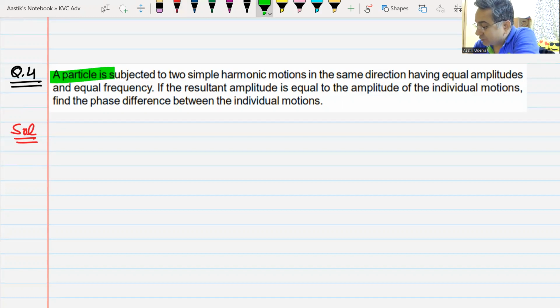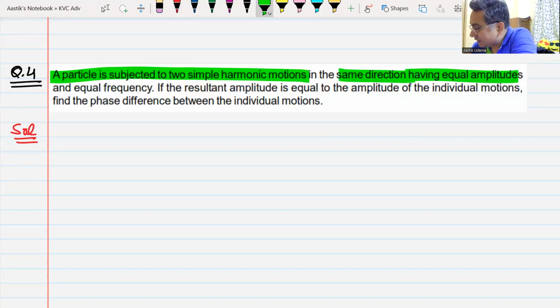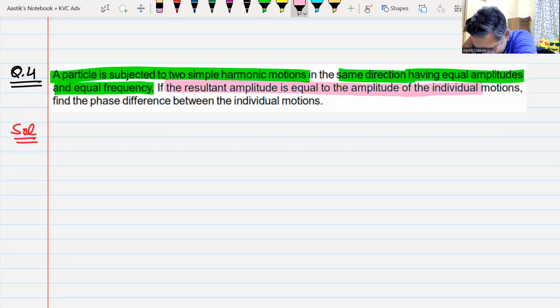It is subjected to two simple harmonic motions in the same direction having equal amplitudes and equal frequency. The resultant amplitude is also the same. This is similar to many questions in vectors that you would have done. Two vectors of the same amplitude are added and the resultant is also the same.